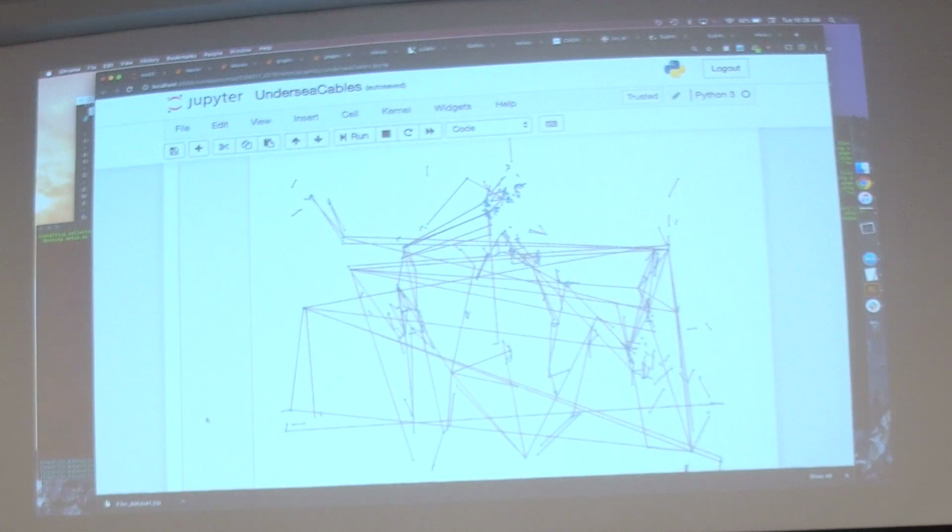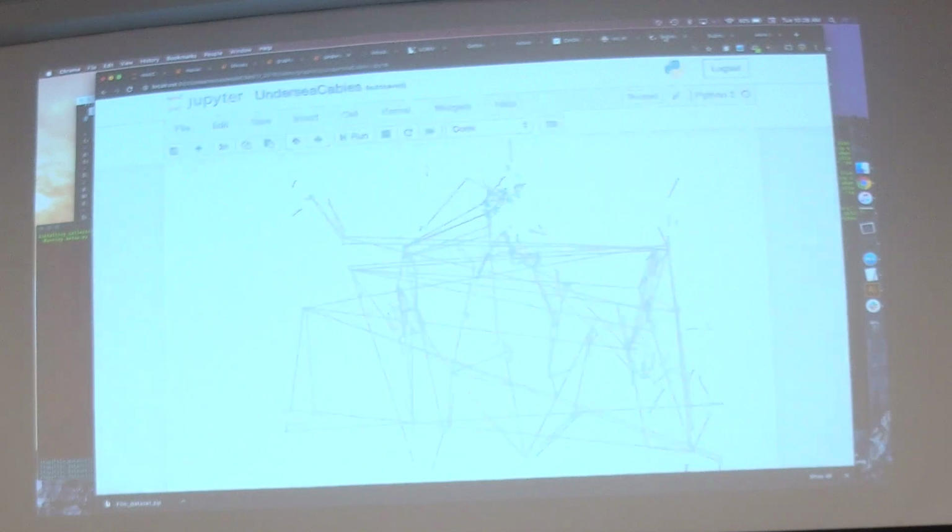That's a reasonable argument that we'd have a single connected component. Otherwise, there's some part of the world that is not part of the internet, which should be pretty weird. The argument I have in the opposite direction is that this is actually not a map of the internet. It is a map of a subset of the internet, which is only the undersea part. So here we're ignoring any cables that go across land. So it could be that there are components that are only connected via land to the other part. So I have no idea whether we expect one connected component or many.